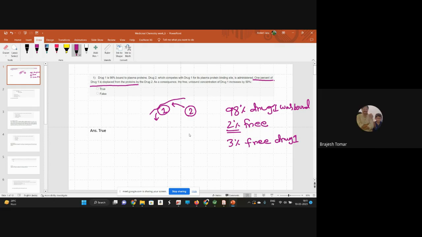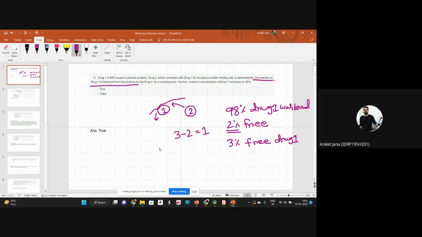Yes, hearing. Okay. So previously 2 percent was free and now it is 3 percent. Then what percentage increase is there? The increase is 1 percentage.